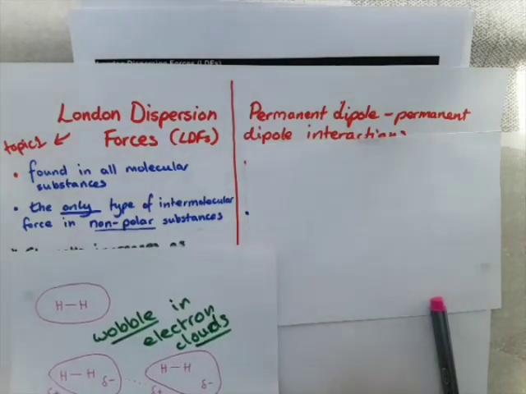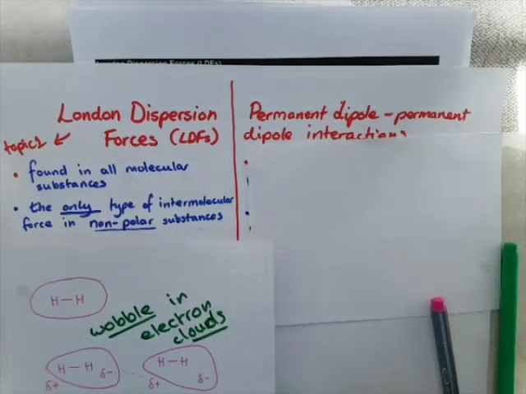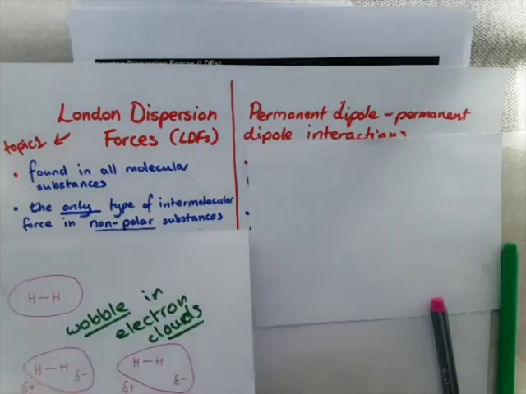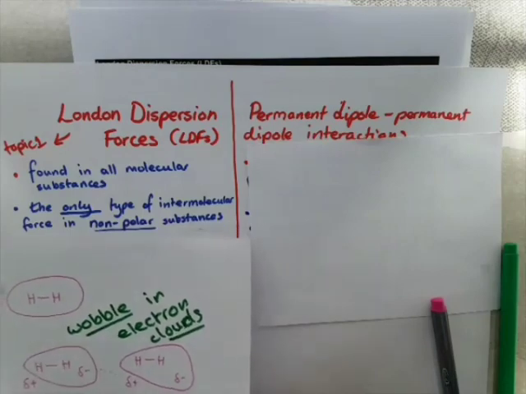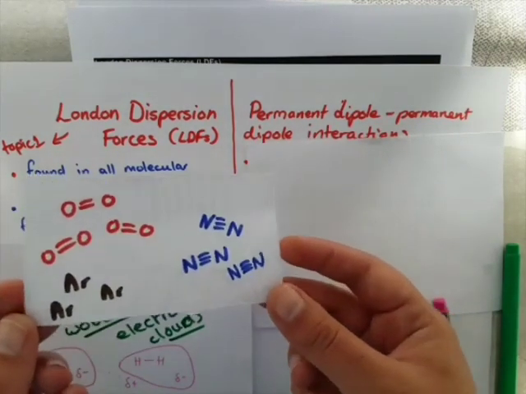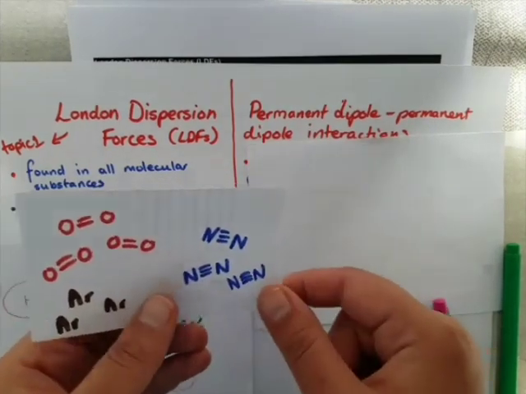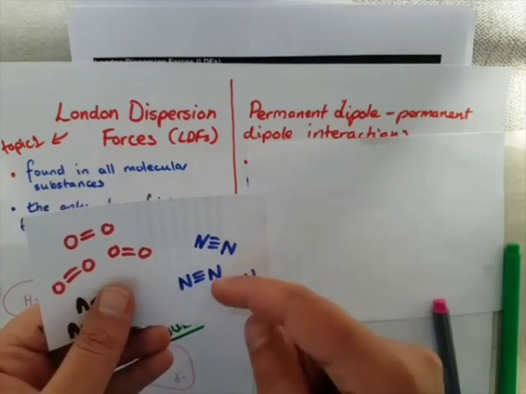Now, because London dispersion forces are a result of these temporary wobbles in electron clouds, they are a relatively weak form of intermolecular force, particularly when we have small molecules. So small molecular substances like oxygen and nitrogen are just diatomics made from fairly small molecules.